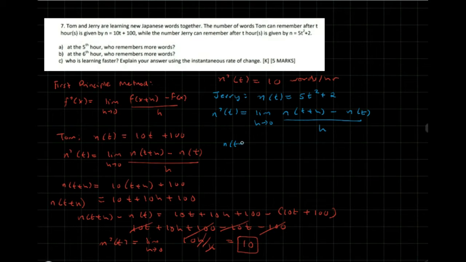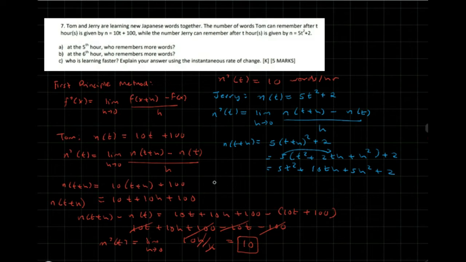So n(t + h) is equal to 5(t + h)² + 2, which is 5t² + 10th + 5h² + 2, because you want to multiply it out.